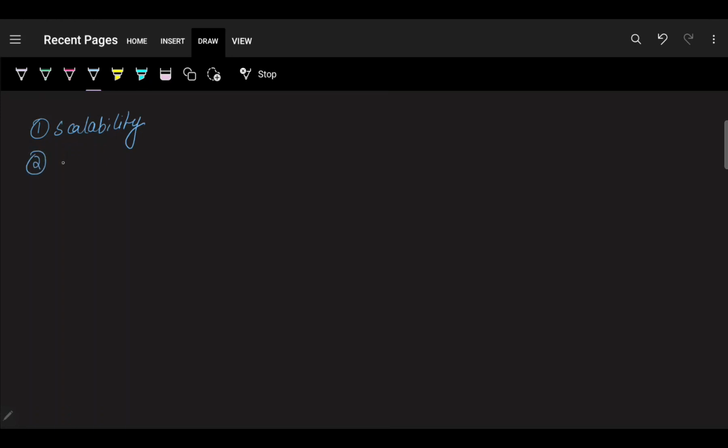Second one would be availability, although they both go hand in hand, but it's better to list them out and then build the whole case, as we'll discuss just in a bit. And the third one would be reliability.